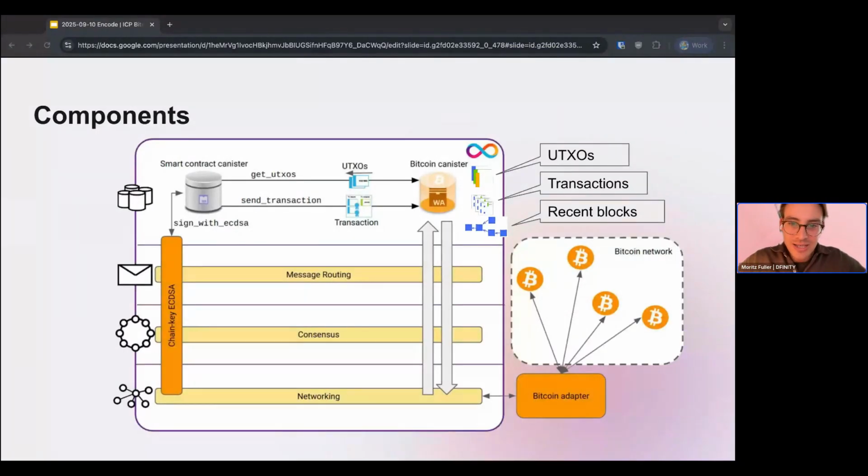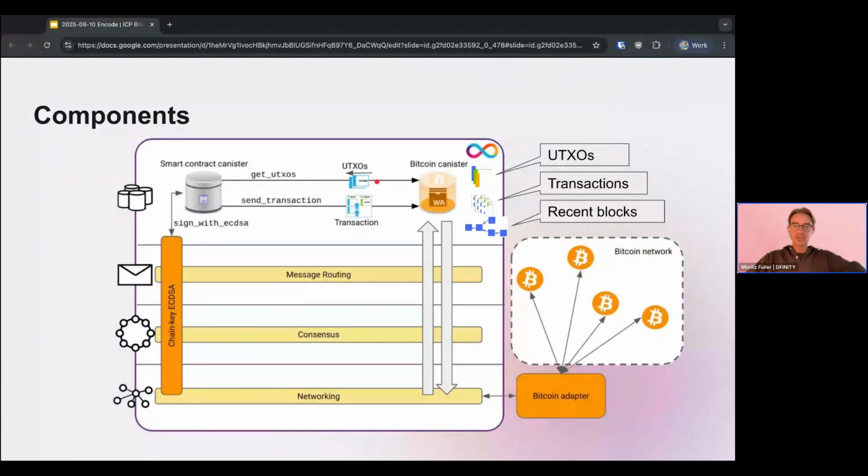For this, we have to take a little bit of a deeper look at our protocol implementation. As you can see on this slide, the Bitcoin integration basically consists of 2 components. The first one is this Bitcoin canister that sits up here that I mentioned briefly, that lives on a so-called Bitcoin activated subnet.